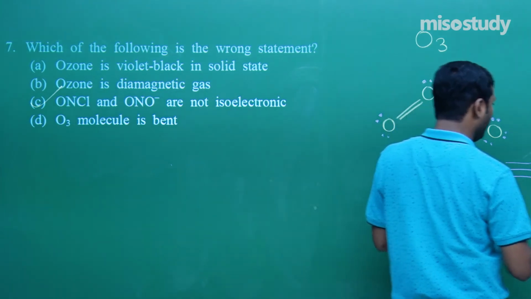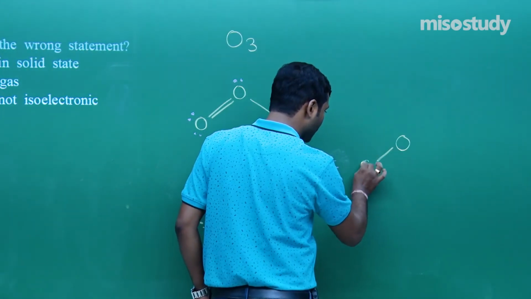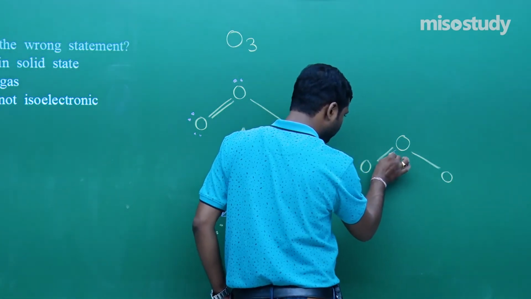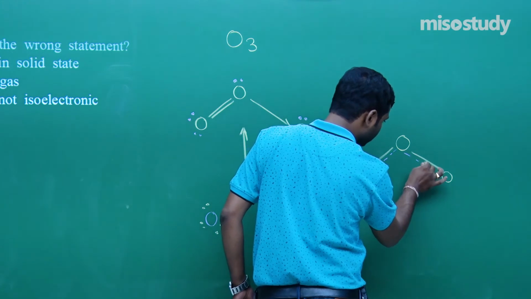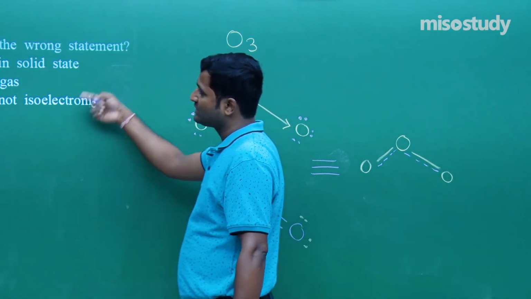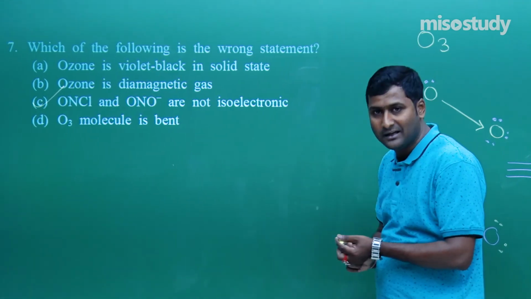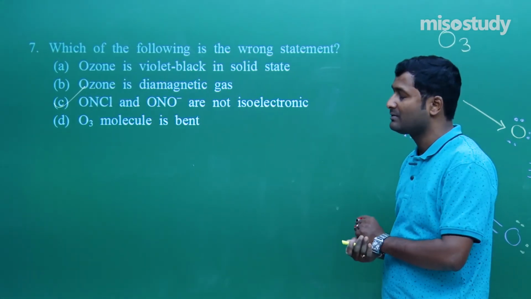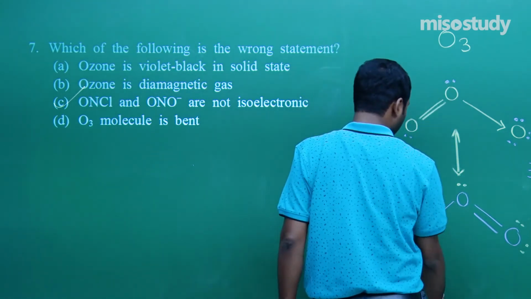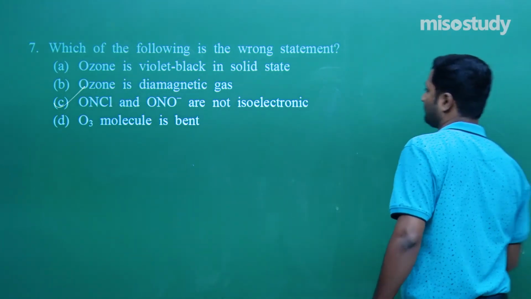As I told you, that is O here, then here is O, then here is O. This is the resonating structure. So all options are correct except the one in C. So the wrong statement is C. Clear friend? Now I think you can easily solve such kind of questions. Now let's move to the next segment, but give me a few seconds friend, so that I can rub this part.